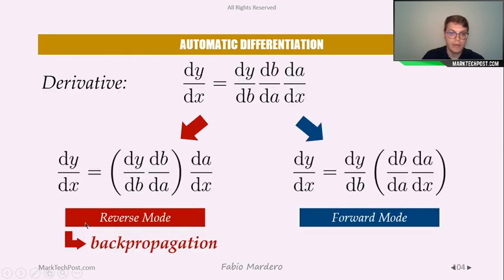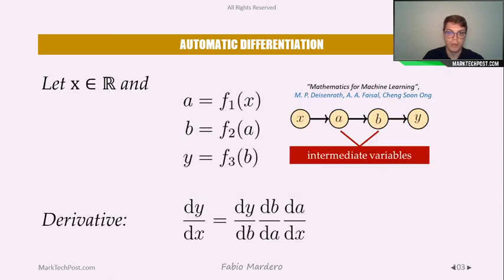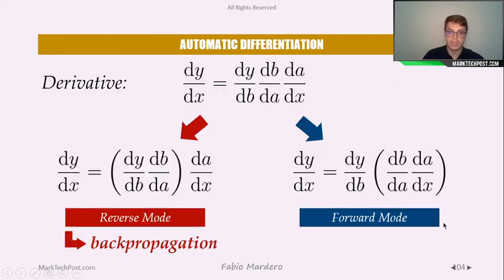So I'm doing a reverse mode, what is called backpropagation. In the forward mode, instead, I look in order as I do the computation and the composition itself. So I go from x to a to b to y. That's the forward mode.